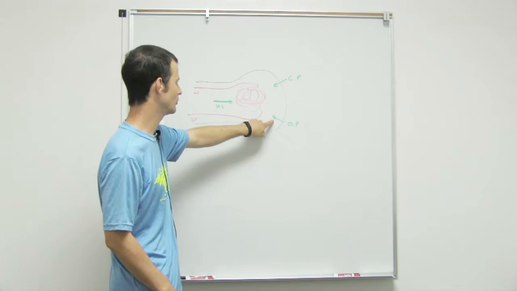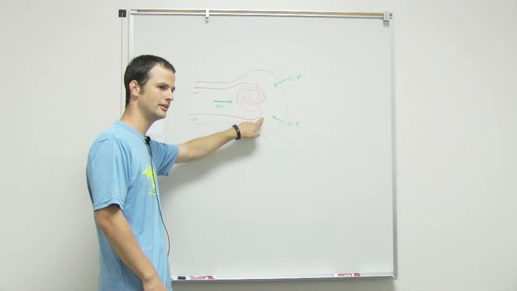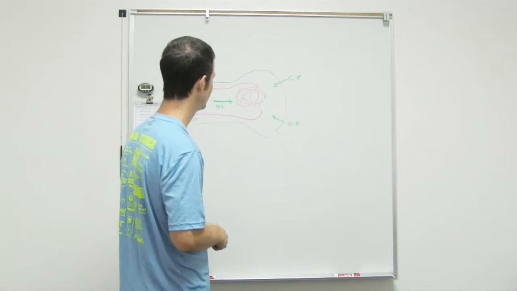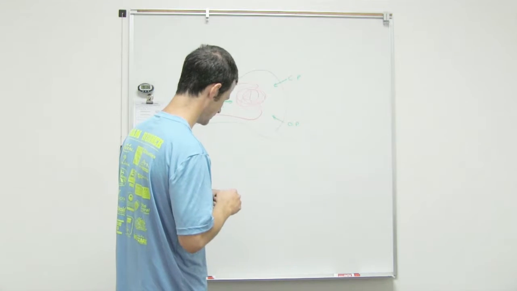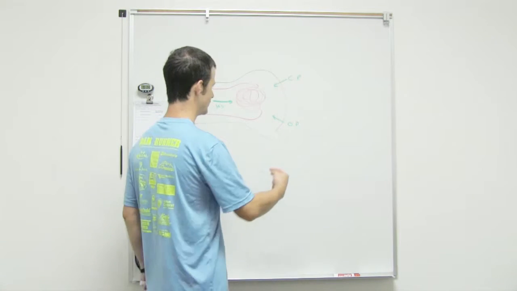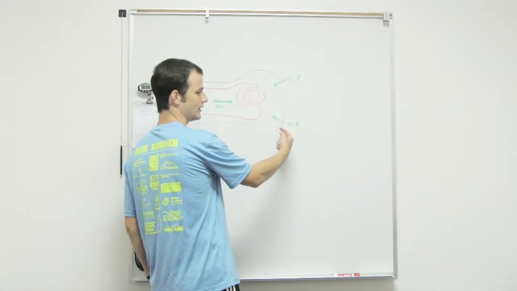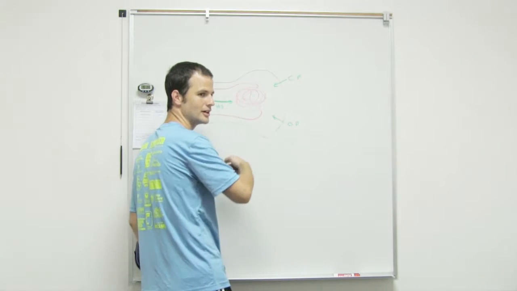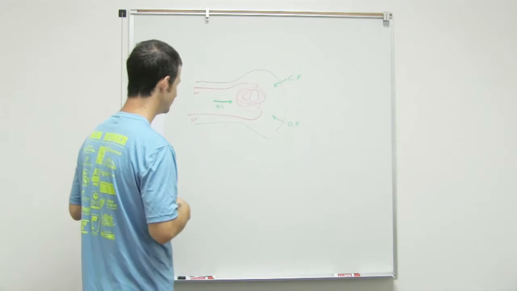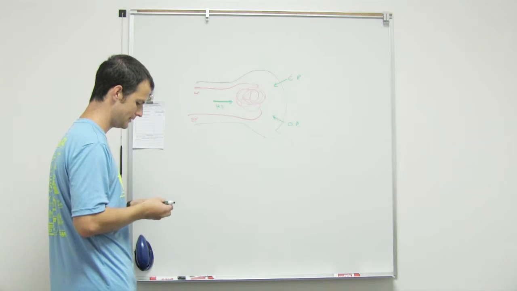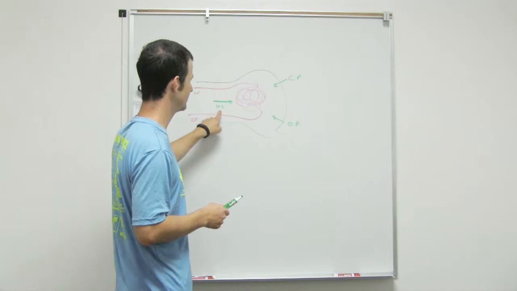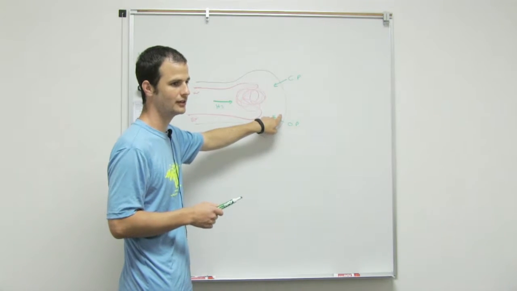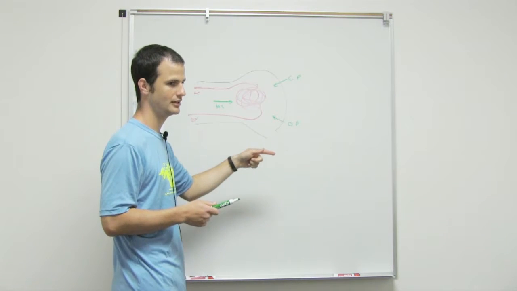So the water is going to want to flow into the blood, and that drive of water wanting to go this way creates pressure in the opposite direction. So this hydrostatic pressure needs to be greater than these two combined for filtration to happen. Does that make sense?